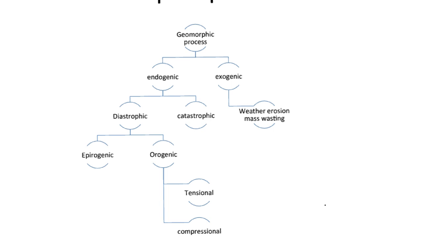Epirogenetic forces are those forces which act perpendicular to the Earth's surface. Let's say this is the Earth, and the forces are acting upward. Let's say your western coastal plain. These coastal plains have been subducted. You can call this a kind of subsidence force. In the same way, take your North Europe region.